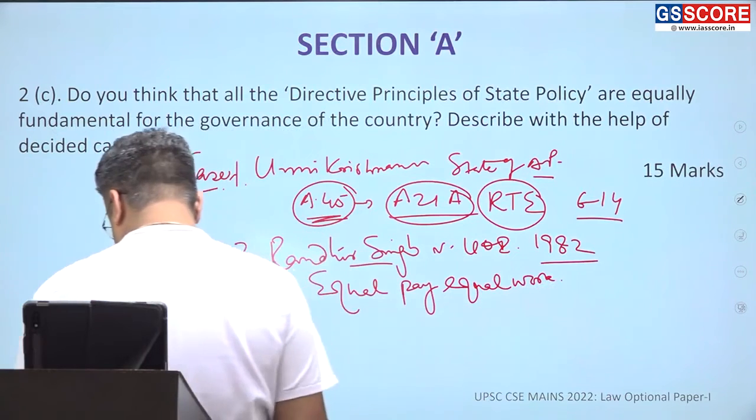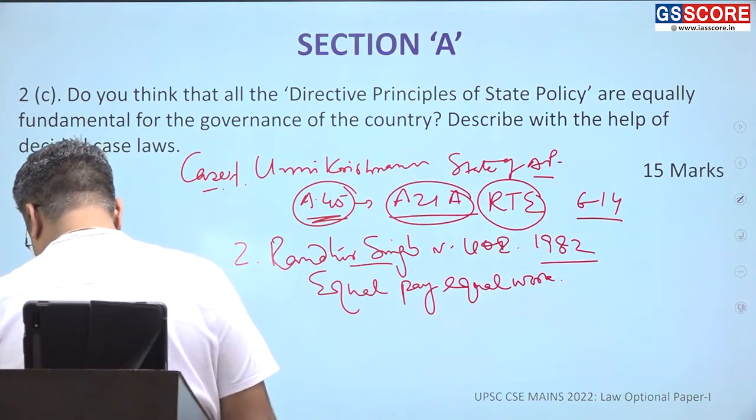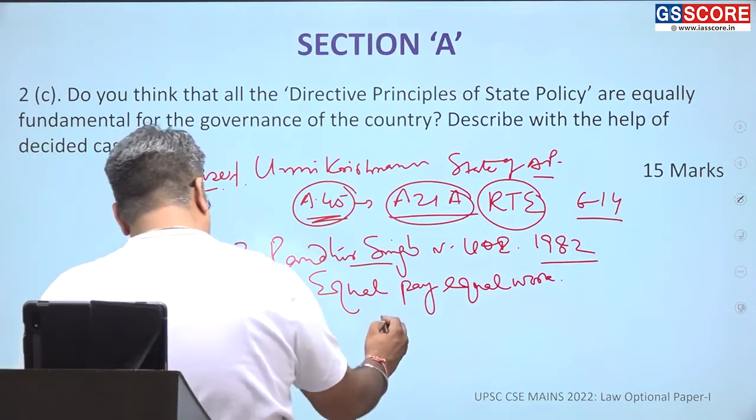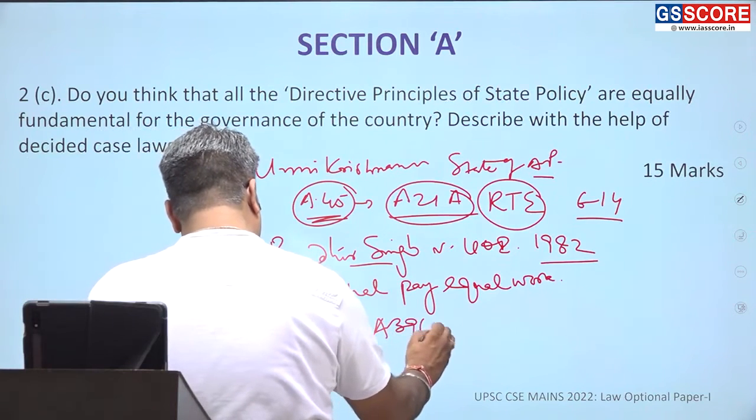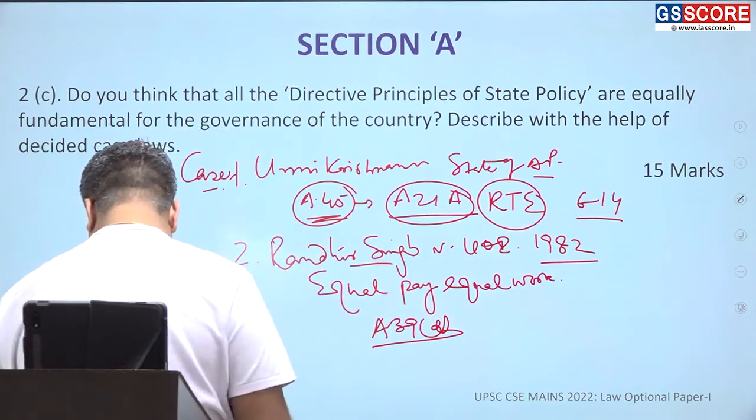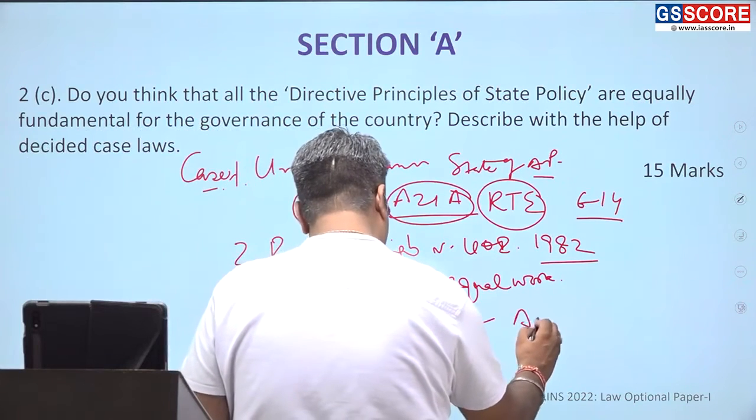The concept given, you can say, Article 39D and the relationship with Article 14 and 16.